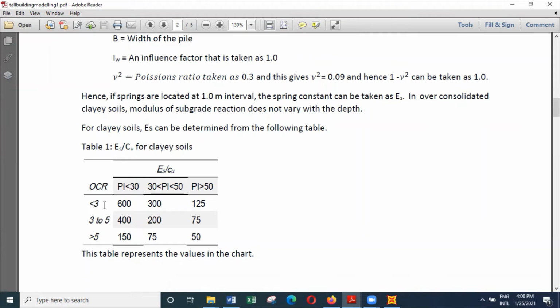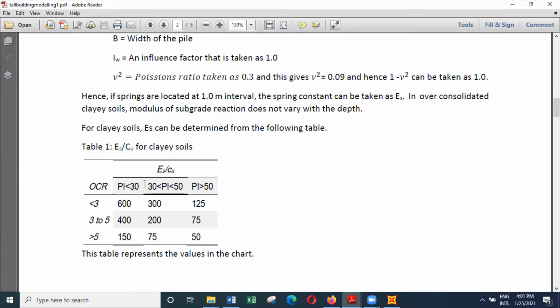Then you can say the over-consolidation ratio is low. Otherwise, better to consider that the over-consolidation ratio is between 3 to 5. And if you have any doubt, you can even go for a value like 5, or more than 5. So you can be in this range or this range.